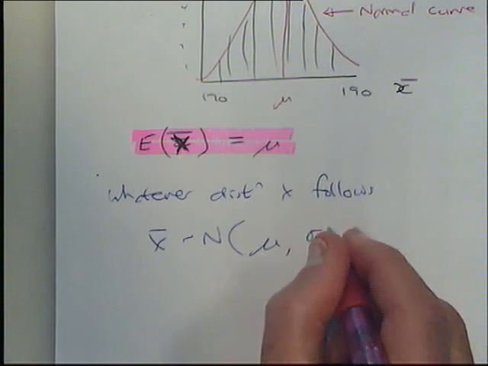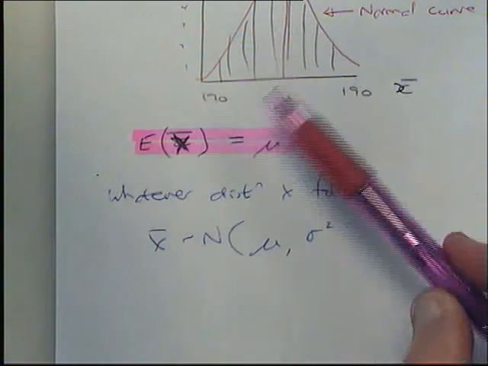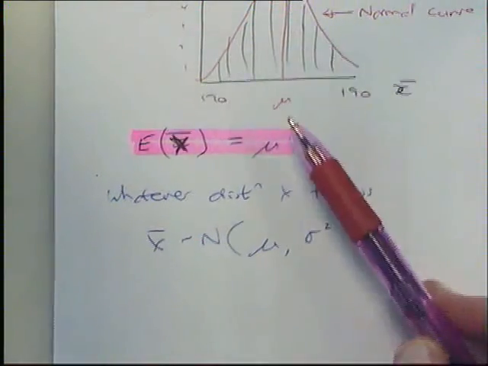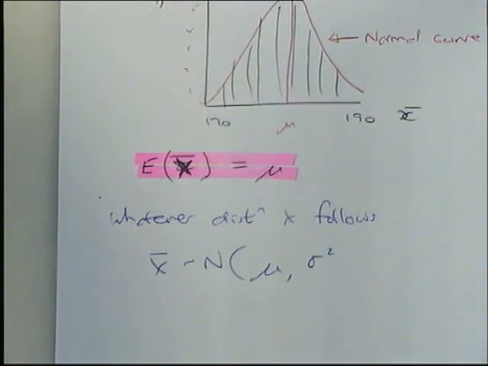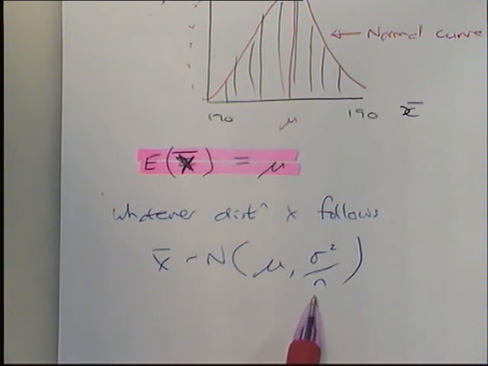Sigma squared. But sigma squared measures the spread, how spread out, how wide the curve is. What do you think we could do to narrow the curve? The area would still be the same, the height would go up. But to narrow the curve, to get better estimates, what do you think we could do? Larger sample size? Yes. So if I divide there, as the sample size gets bigger, the variance here will get smaller.